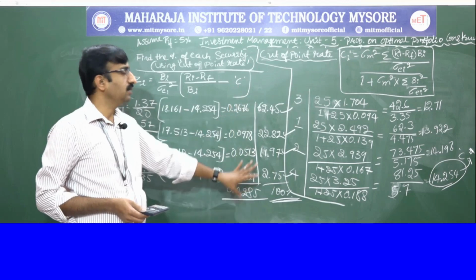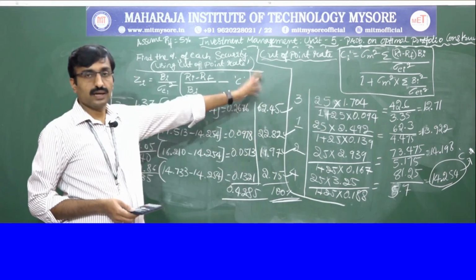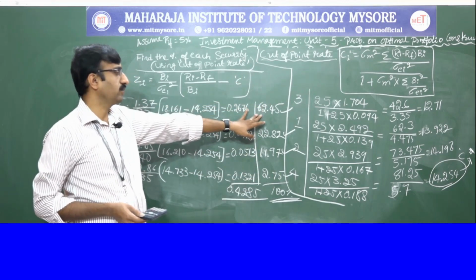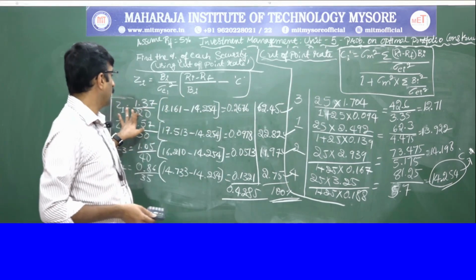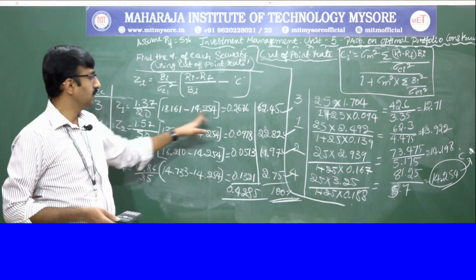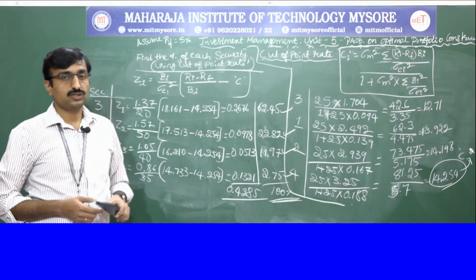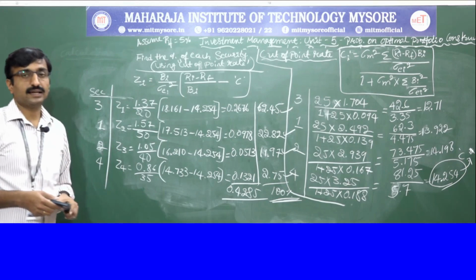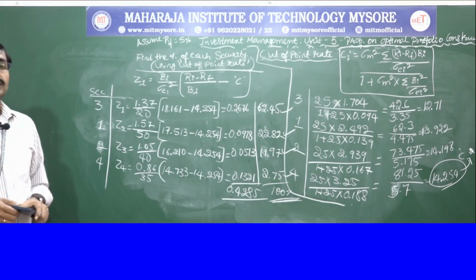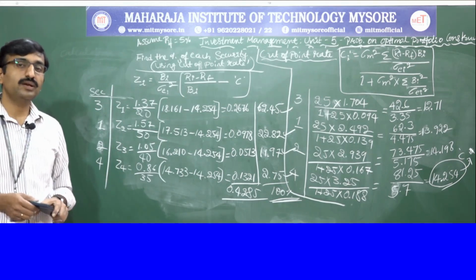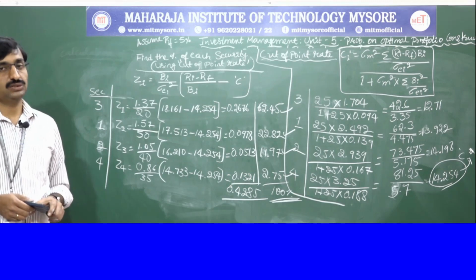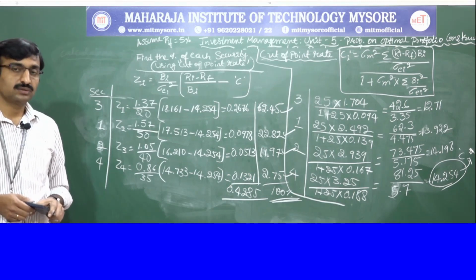So whichever is best here, that can be optimized. This is how we are earning from different stock. This is called calculation of what? Optimal portfolio construction. Hope you understood.